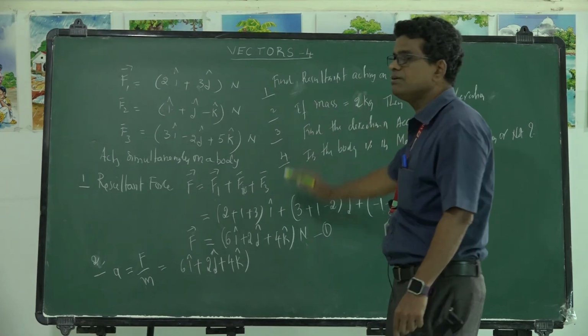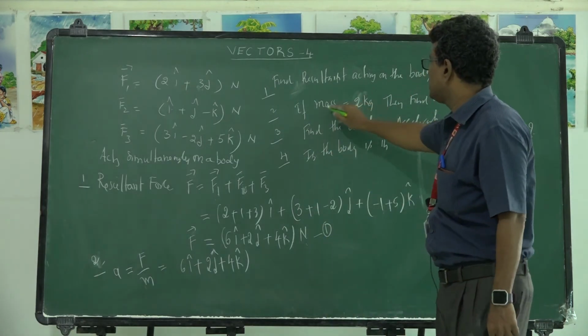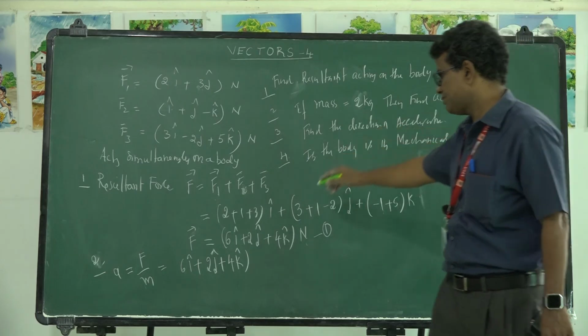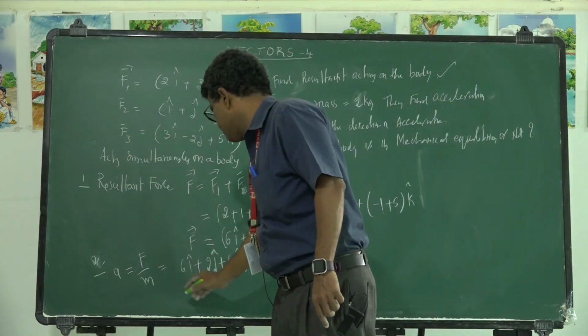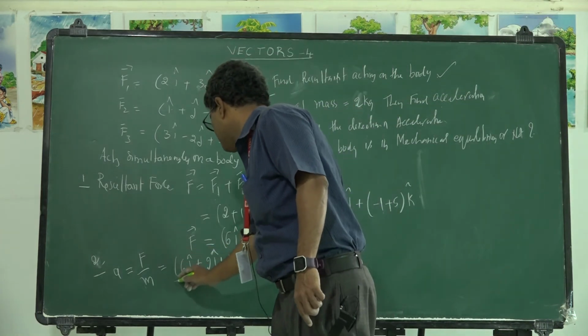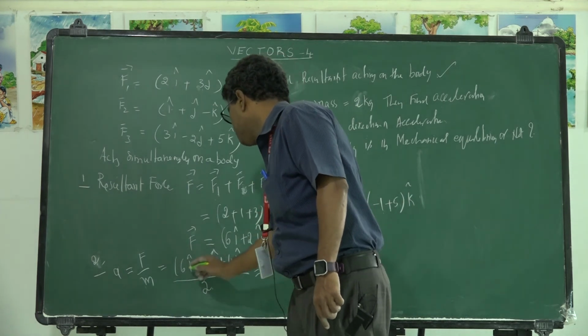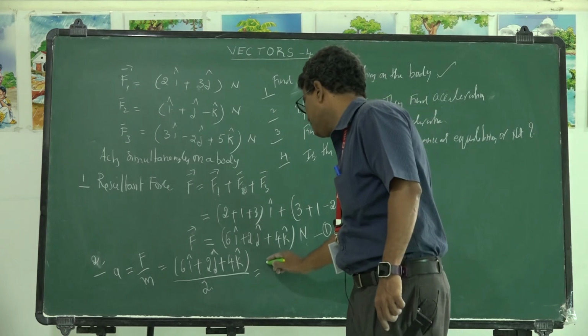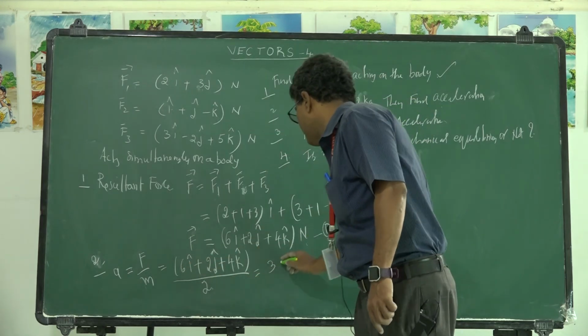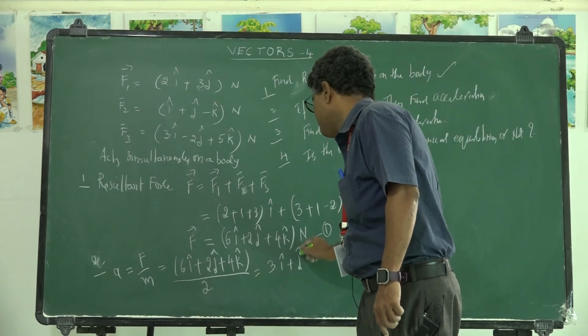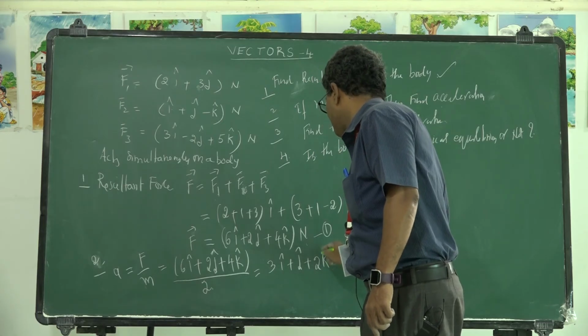Here I am changing the mass of the body. So the mass of the body is 2 kg. You divide this vector with 2. If you take 2 common, it will get cancelled. Here 3 i cap plus j cap plus 2 k cap.